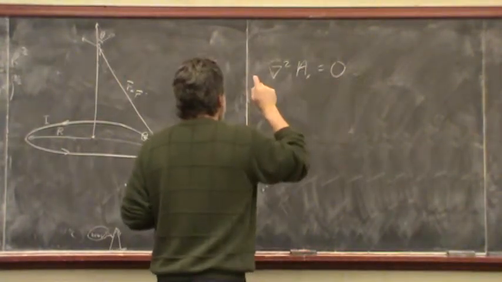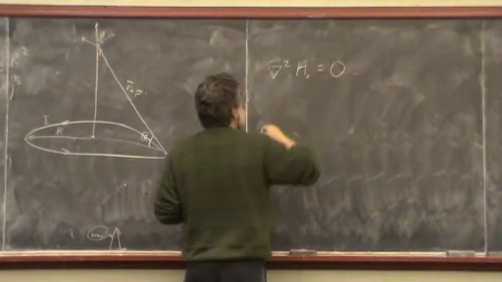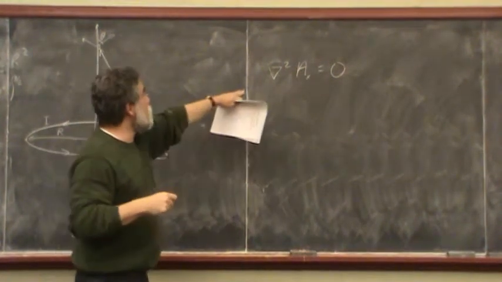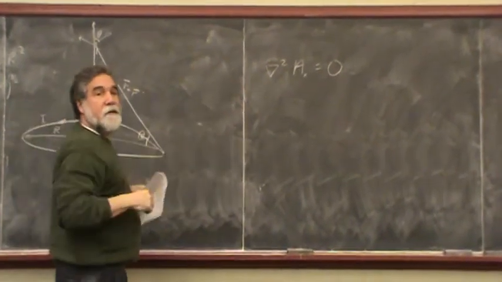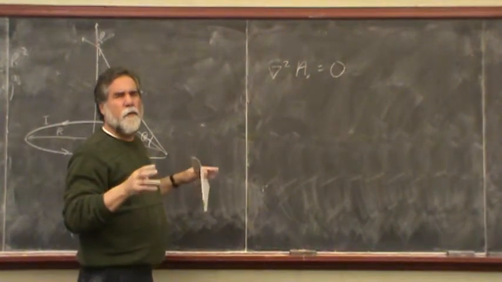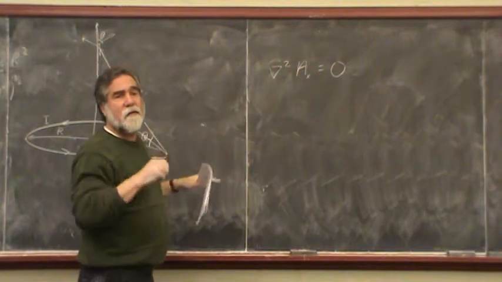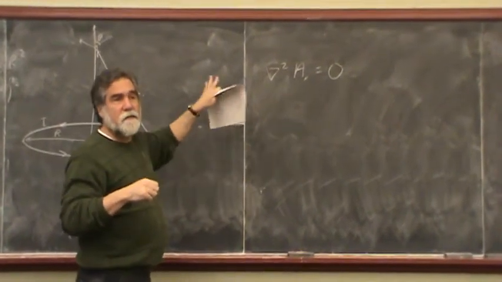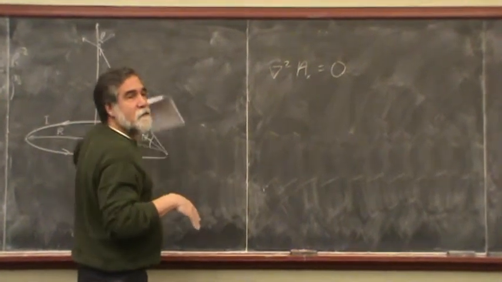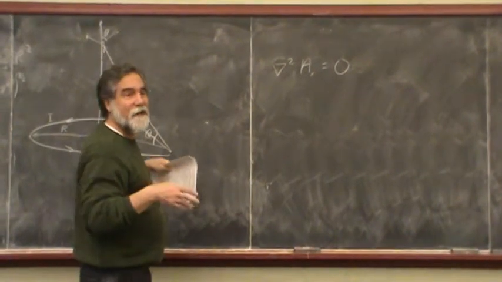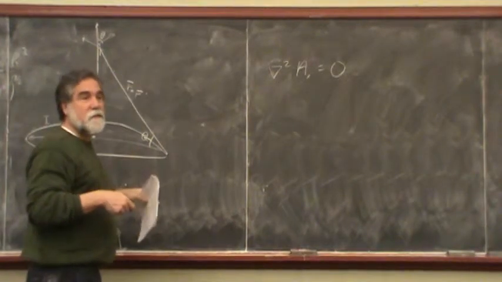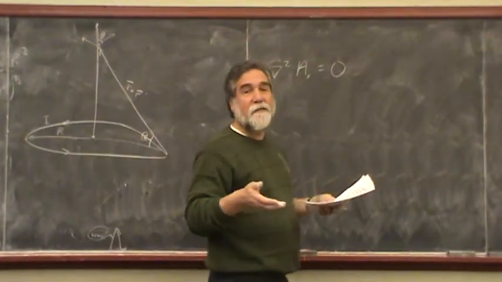So given this, and given some boundary conditions that we will talk about next class, we'll find the vector potential in all space, and then take the curl of the vector potential in order to find the magnetic field in all space. That will give us a closed form solution, where here we're basically stuck with numerical solutions. We can write the integral out, but it's going to be messy.